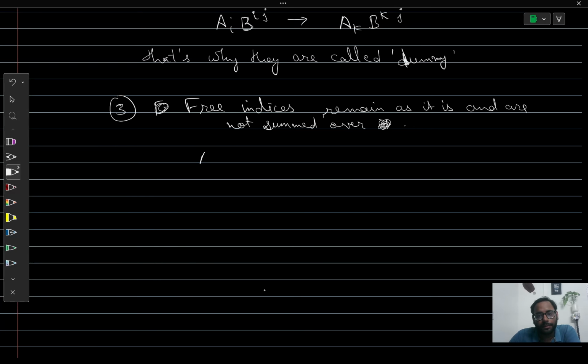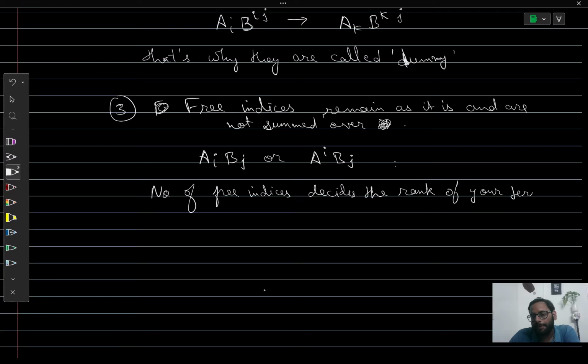So suppose there is a quantity like this, with an upper index and this lower index. These are not summed over, these are free indices. So the number of free indices decides the rank of this term.